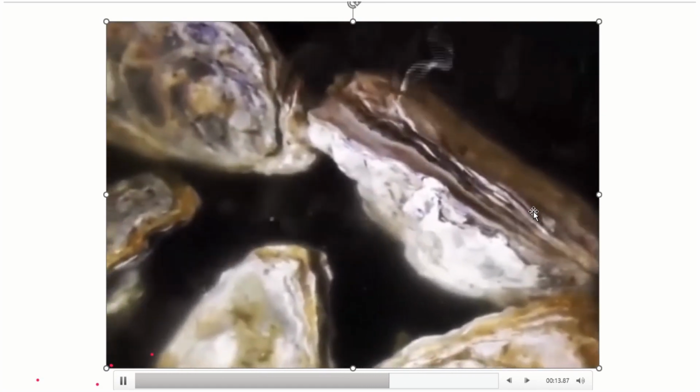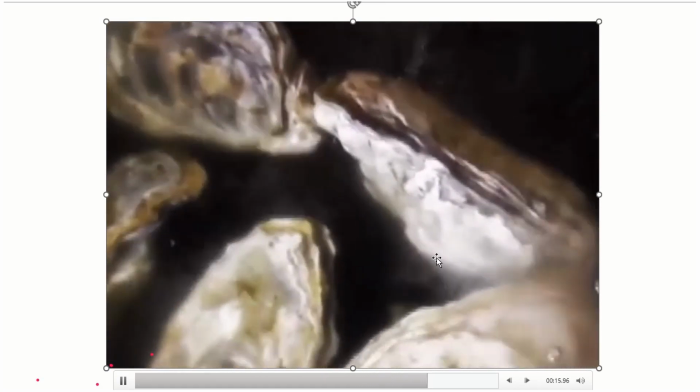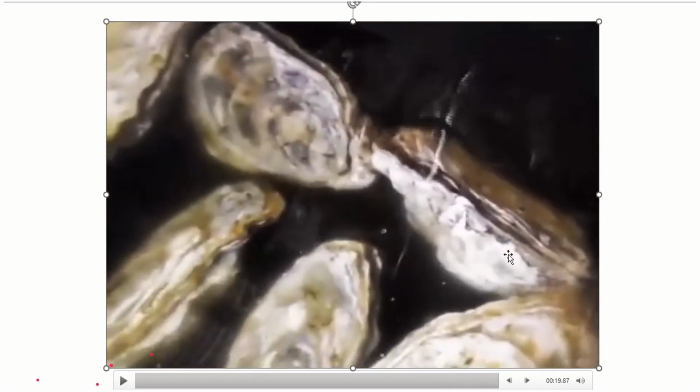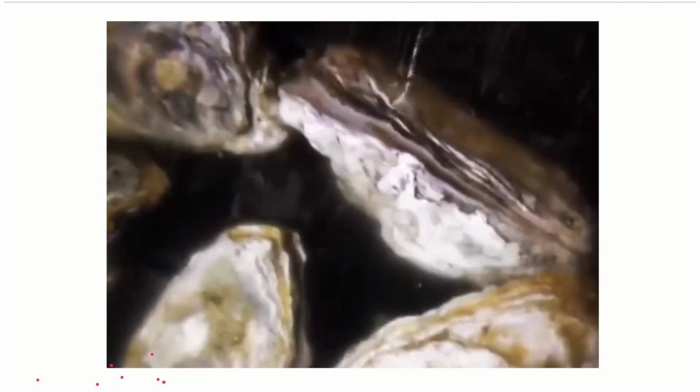This cloud possesses numerous eggs. This is the female releasing the eggs. Next, I'll show you how the sperm are released.